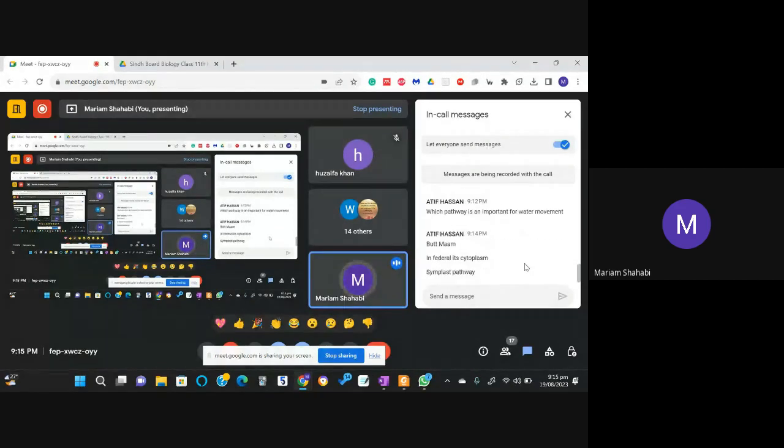Because like Google में variable answers आते हैं. Federal में it's cytoplasm, so you learn symplastic pathway, so you learn that.